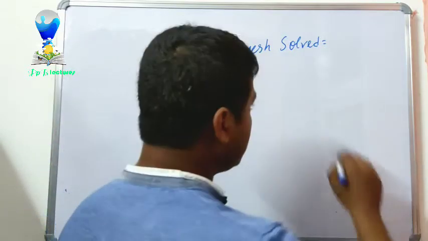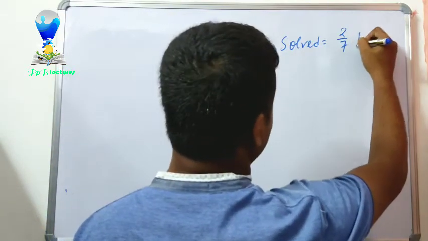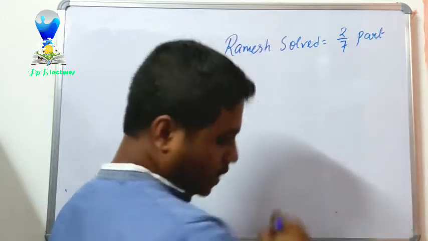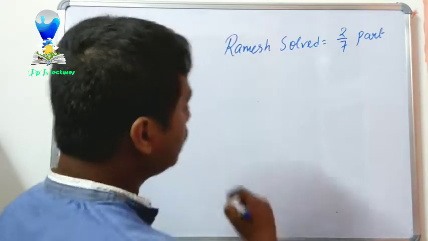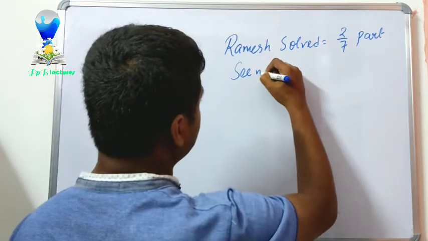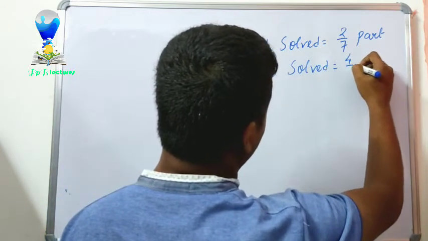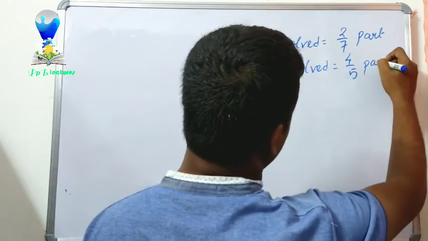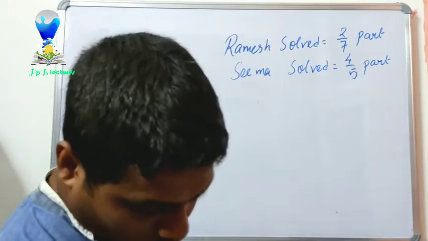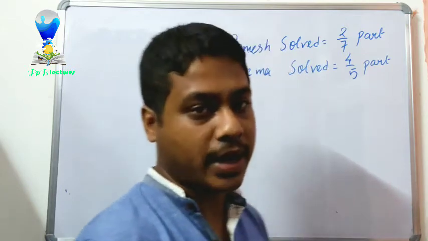You can see in the question it is 2/7 part. Then Seema solved 4/5 part. Then the question is, who solved the lesser part?